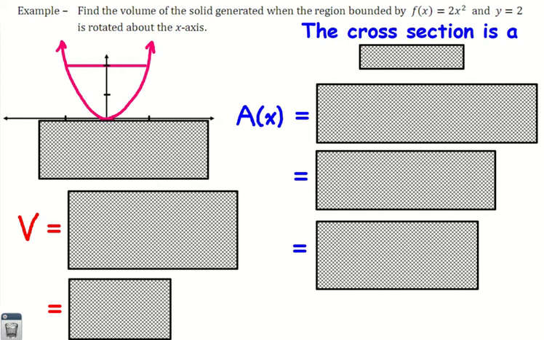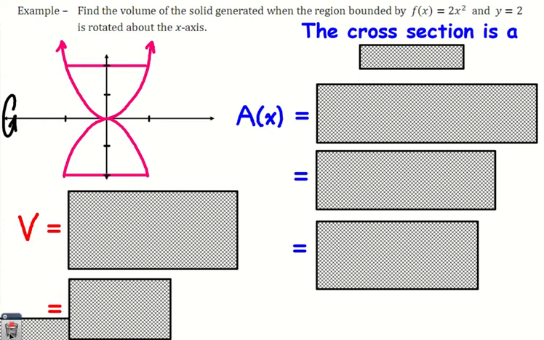And once again, we're rotating it about the x-axis. When we spin it about the x-axis, that area rotates down, and we're essentially going to have something that looks like that from this point of view.